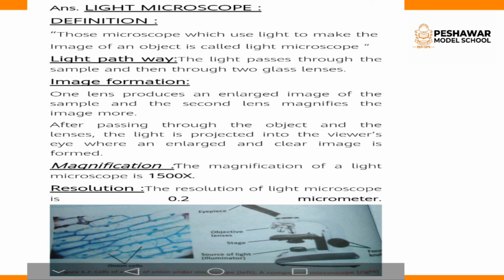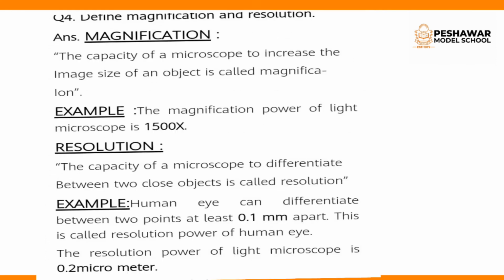So the microscope is an instrument which is used to see very minute or very small things. Clear? There are two types of microscope: the light microscope and the electron microscope.